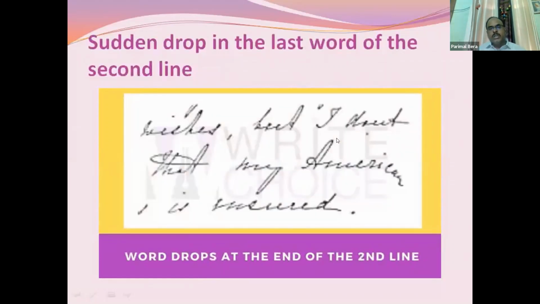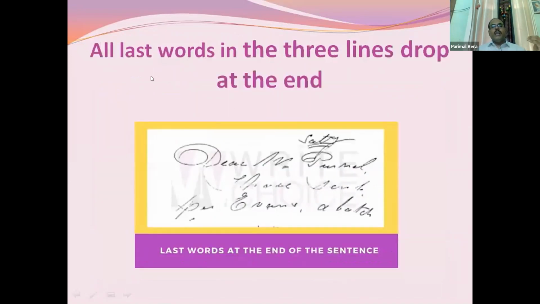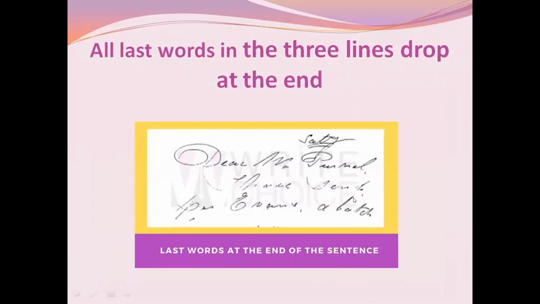Please notice this carefully. Also, there is a sudden drop at the last word of the second line. It is invariably dropped at the end of the second line. If you notice such a symbol, all the words in the three lines drop at the end.